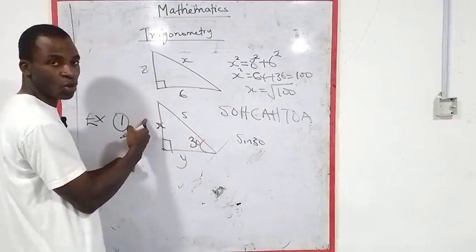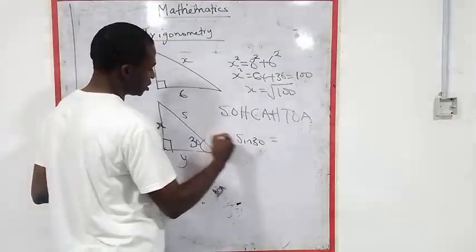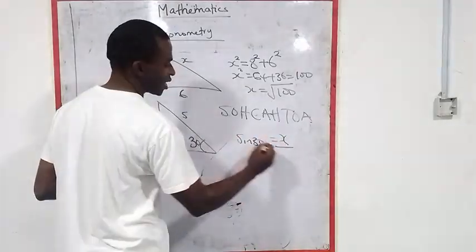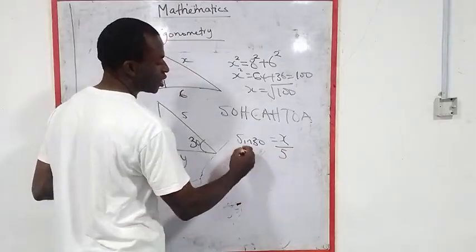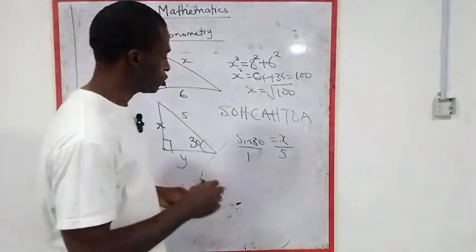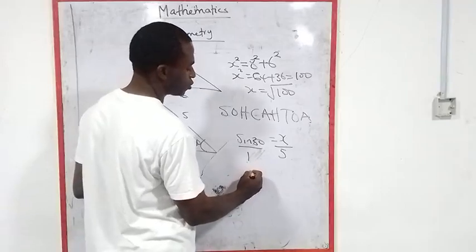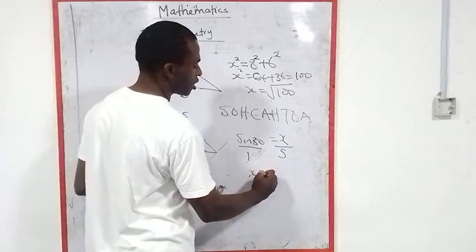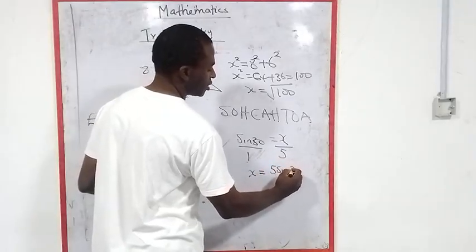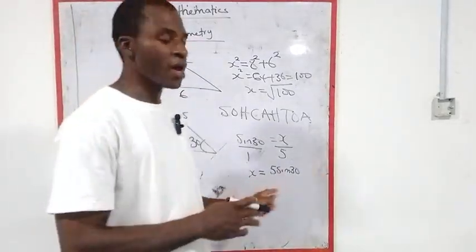The longest side is the hypotenuse, 5. So we have sine 30 equal to x over 5. Now cross multiply, as I showed in my video before. So x is equal to 5 sine 30 degrees. We have gotten our x.